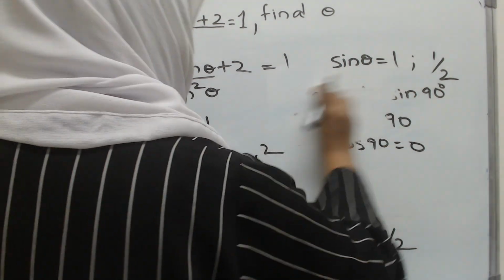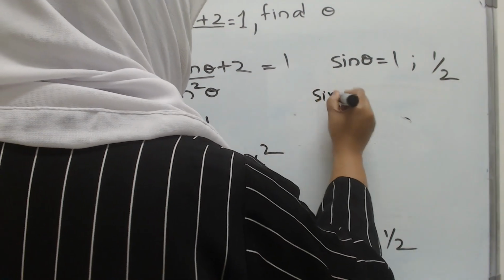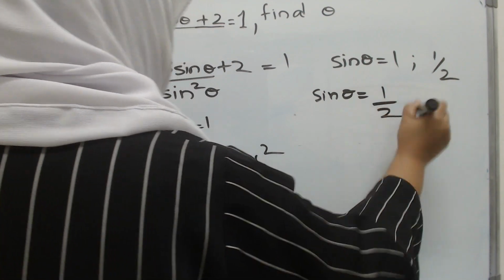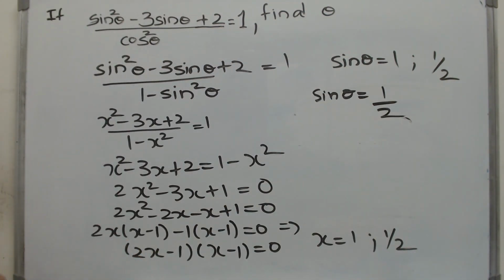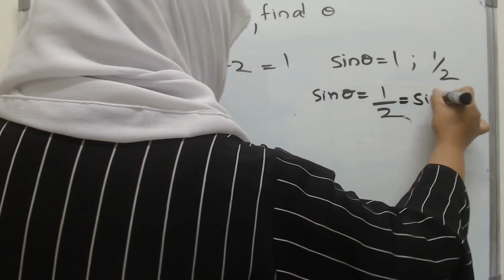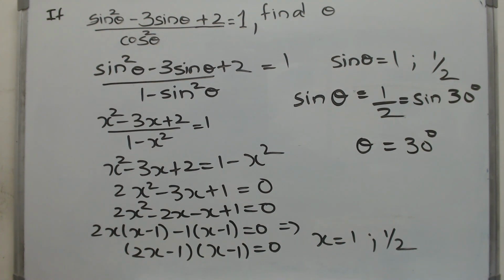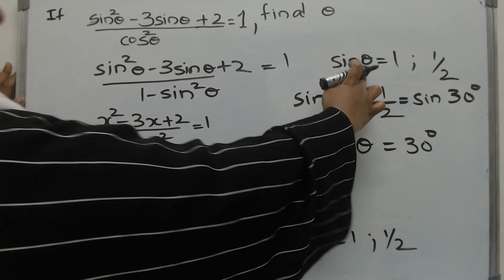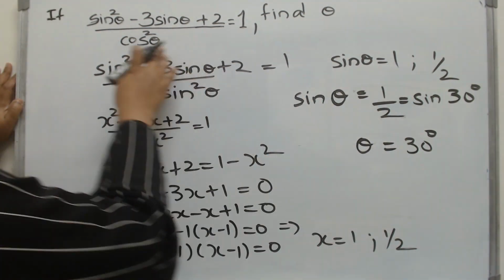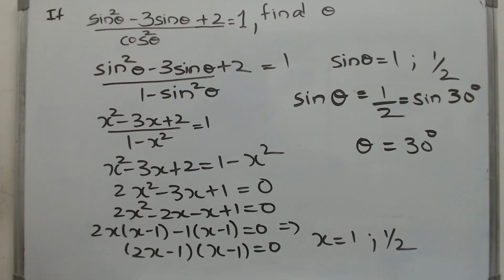Now let us move on to the next value that is given, which is sine theta is half. Then what is the situation? What is the angle whose sine value is half? It is sine 30. So sine theta taking the value 1 is impossible, because if it takes the value 1, then theta will be 90, then this whole term will not exist.